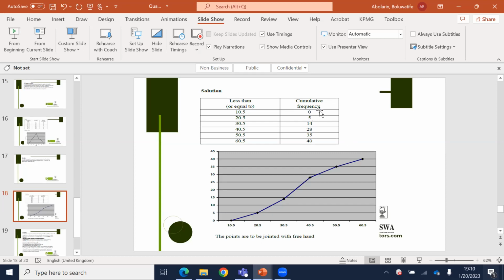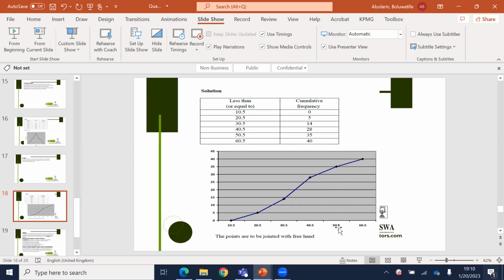Now look at it. Here we have 10.5, which is 0, so at 10.5 we mark 0. 20.5 is 5, so at 20.5 you mark 5. 30.5 is 14, so at 30.5 you trace where 14 is. 40.5 is 28, so at 40.5 you trace where 28 is, which is this dot.